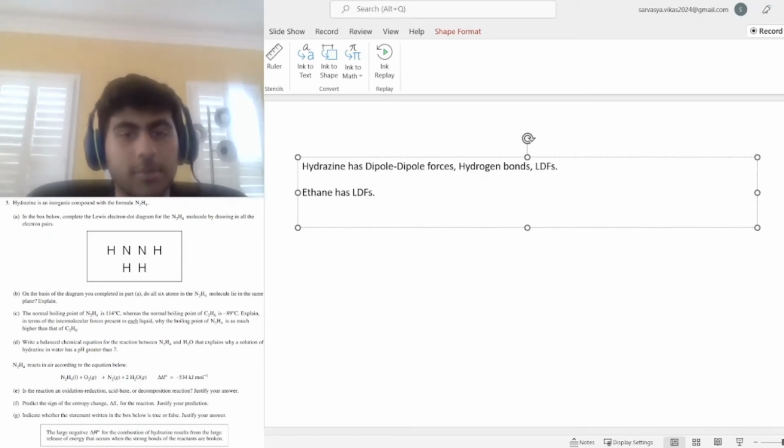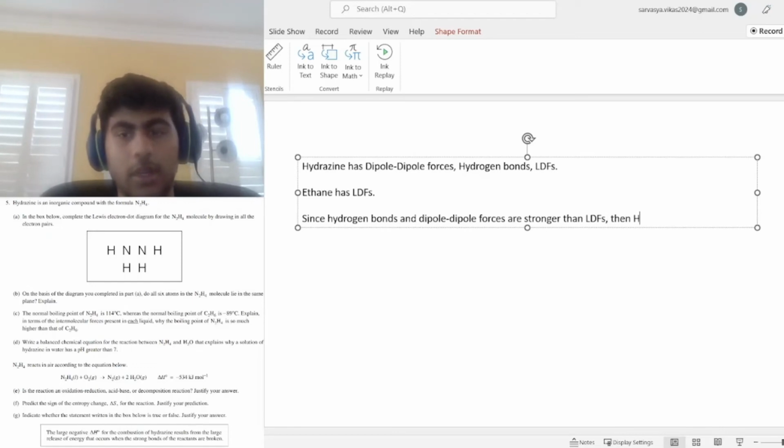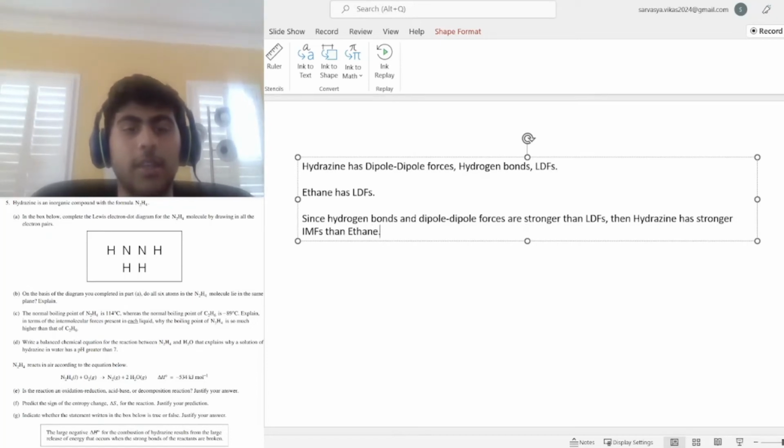So then, since hydrogen bonds and dipole forces are stronger than LDFs, hydrazine has stronger IMFs than ethane.